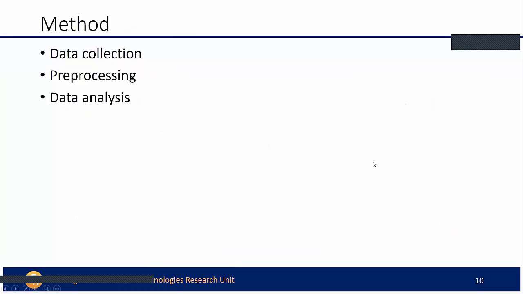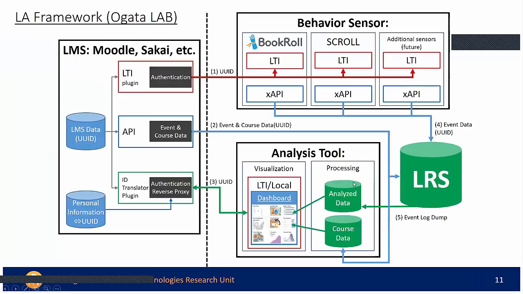So here I will briefly talk about data collection, preprocessing, and the data analysis part. This is the framework that we use to collect data. I think the first presenter also mentioned this. We use the BookRoll system to collect reading logs, but this system is connected to the learning analytics framework, as you can see here.